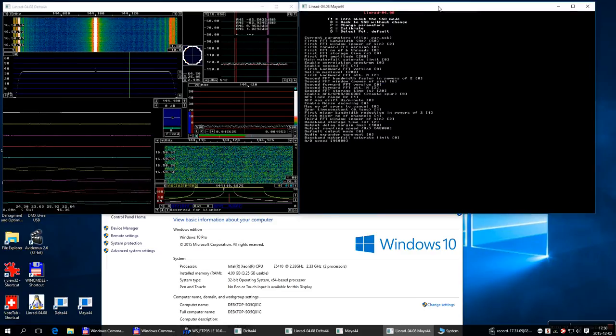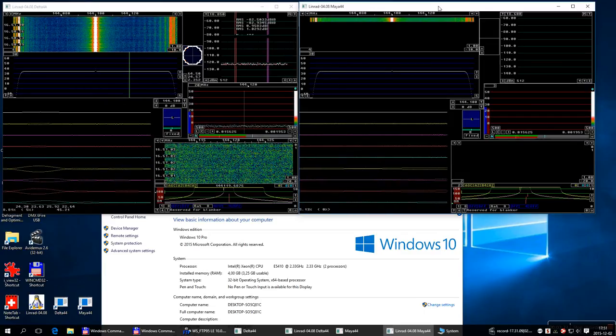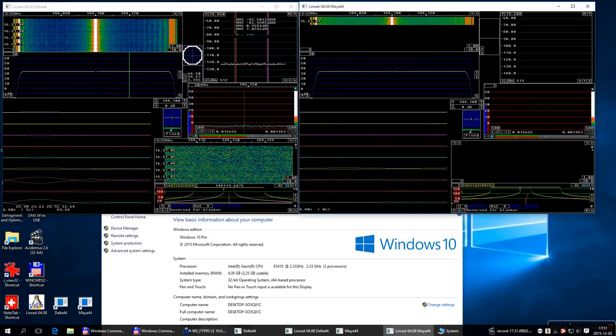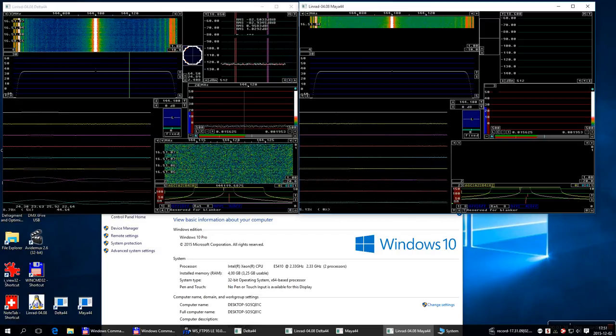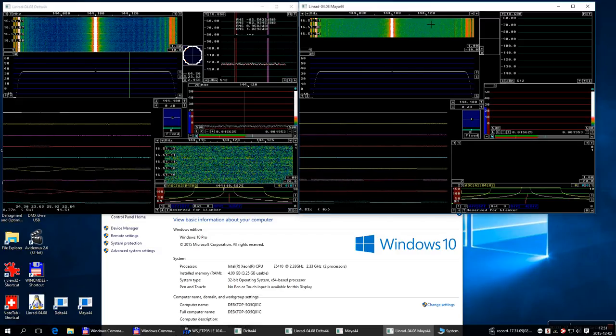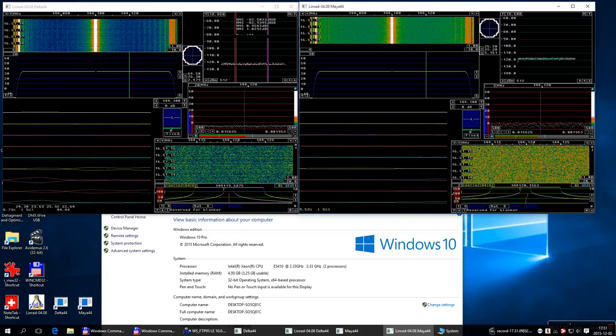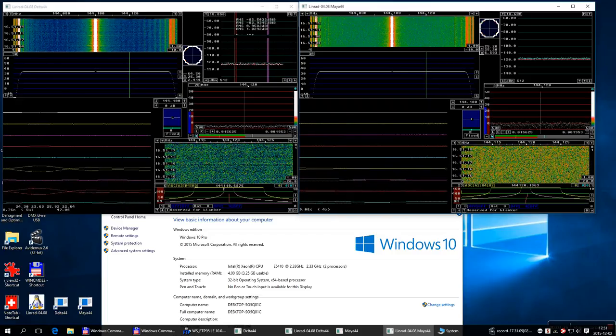Once more. Now it works. And I have to enable the S meter again. I'm at 120, so I go for the same frequency.